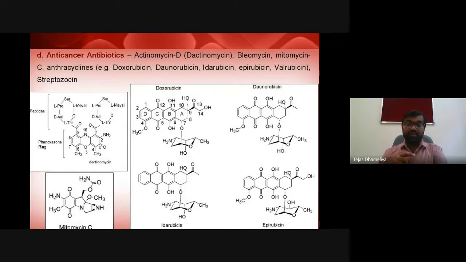Later, Florey and Chain were two other scientists who utilized large-scale synthesis of the same antibiotic in their labs, and this was a breakthrough drug in the field of drug discovery, because at the time of World War, penicillin was much required.